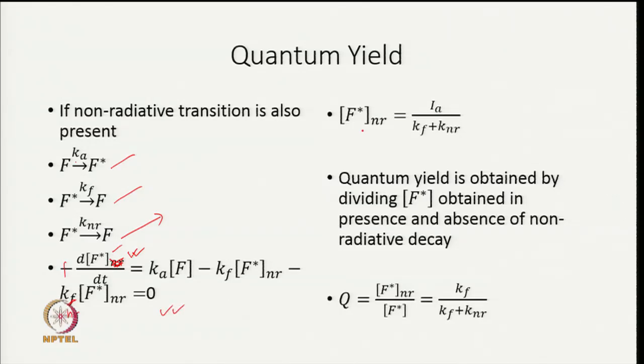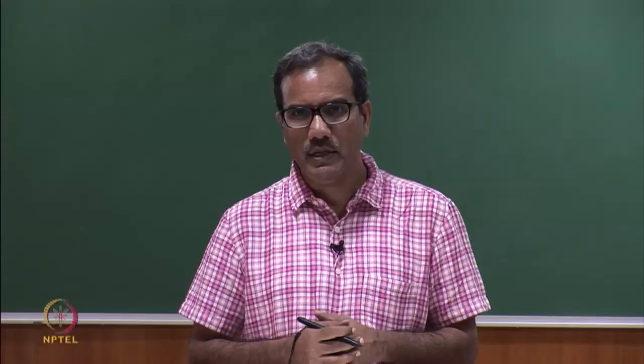K A F is equal to I A, and so F star should be I A divided by K f plus K nr. And now I can obtain the quantum yield.